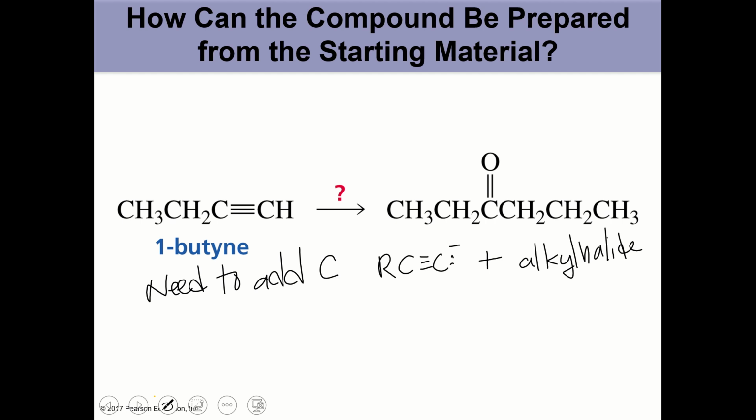Okay, and then if the only way we can add carbons is using an alkyne, that's fine. We can get to a 6-carbon product, but then how do we get from this 6-carbon alkyne to the ketone?